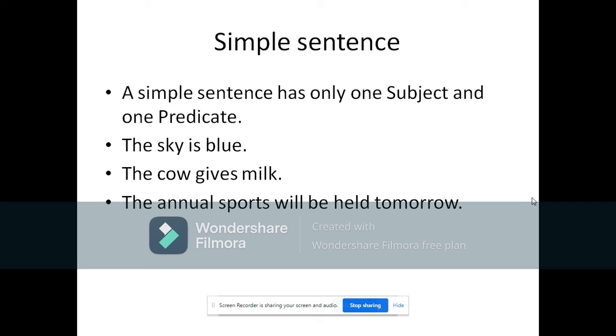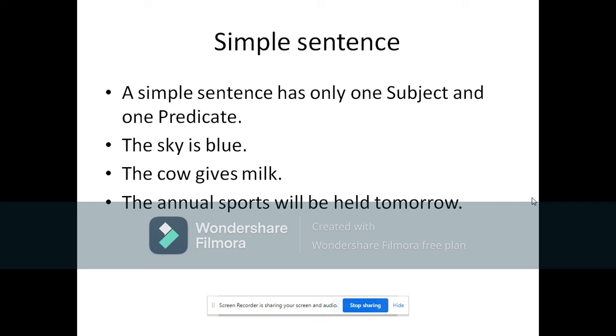The cow gives milk. The cow is the subject, gives milk is the predicate. A predicate will include a verb.